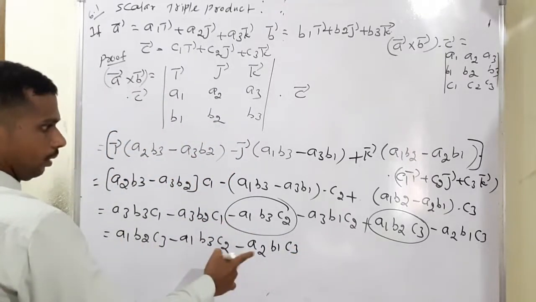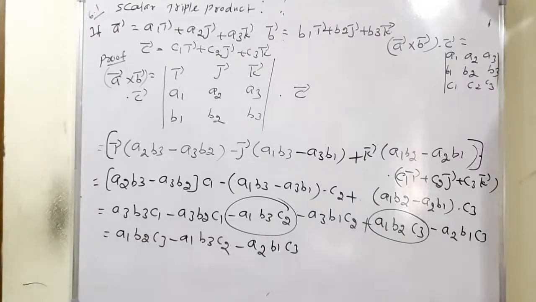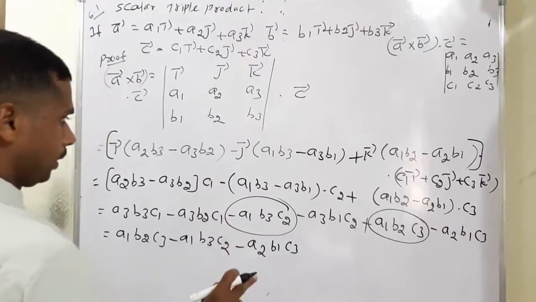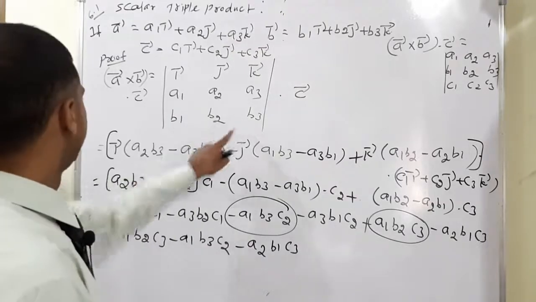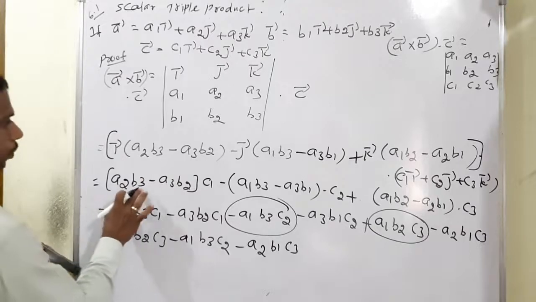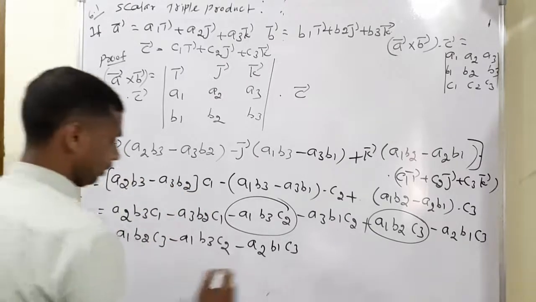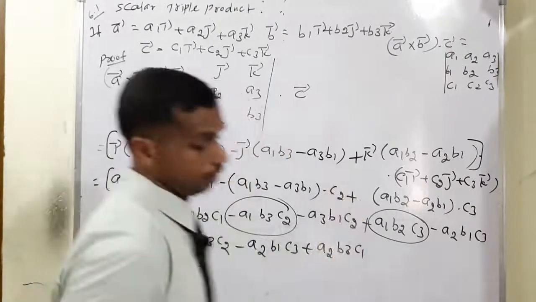Then starting with A2, starting minus sign is over. I think one mistake is there here. A2 B3, yeah, A2 B3 C1. Now starting with A2 means positive A2 B3 C1.